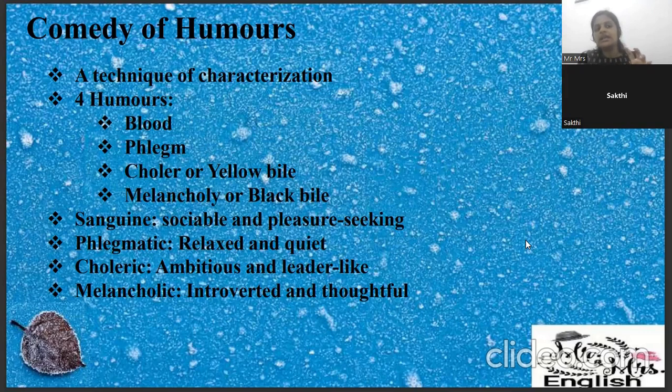And that is actually identified with the dominance of these four humours in a human body. The first one, if a person is dominant with blood, that person is called sanguine type. Sanguine type means sociable and pleasure seeking. Then if a person is dominated with phlegm, that is a phlegmatic person, relaxed and quiet: whatever comes, no problem, this is my style, and this is how I am.